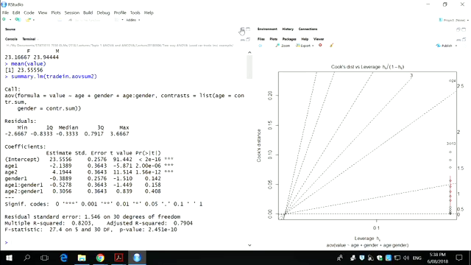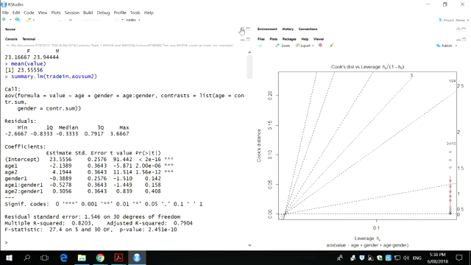If I go to the gender one, 23 this minus this gets me to 23.1667, the female mean. This minus the minus of this, i.e. plus 0.389, gets me to the male.